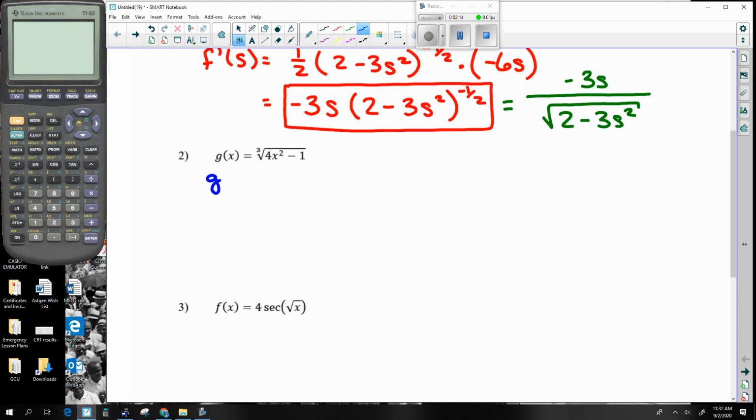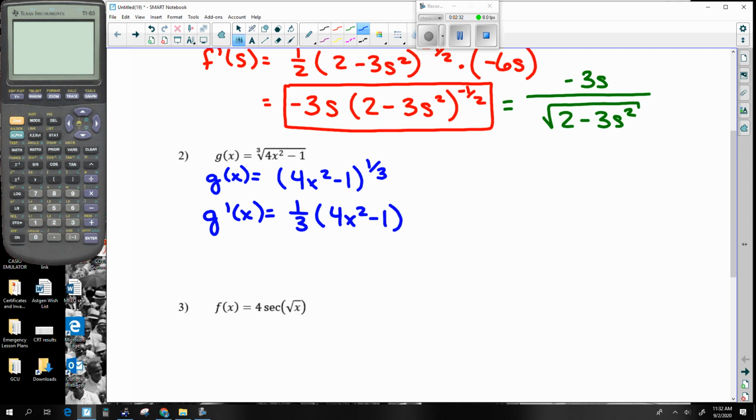All right, number 2, we have this g of x. Again, I'll rewrite it so it's a little bit more understandable. So that's the third root, so it'll be to the 1/3. So I can go ahead and take the derivative of this. So I address the 1/3 power. So that's the outside of the onion. So I drop that down, don't touch the inside, and then I multiply by the derivative of the inside.